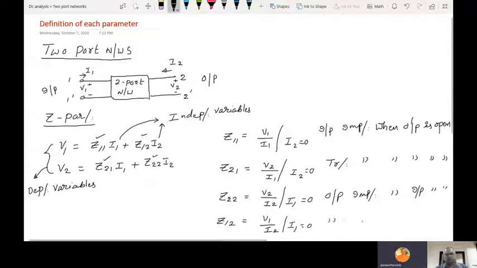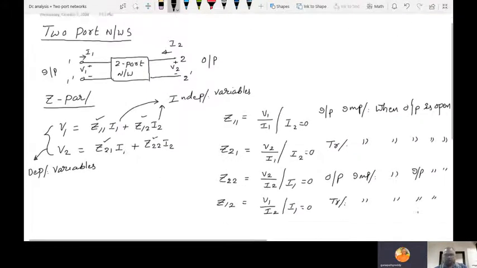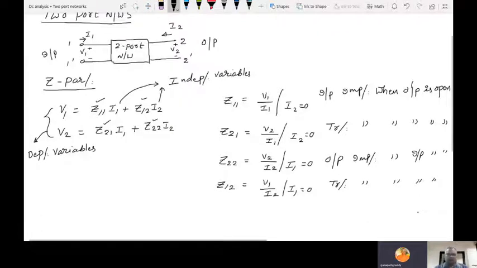So this is also transfer impedance when input port is open.